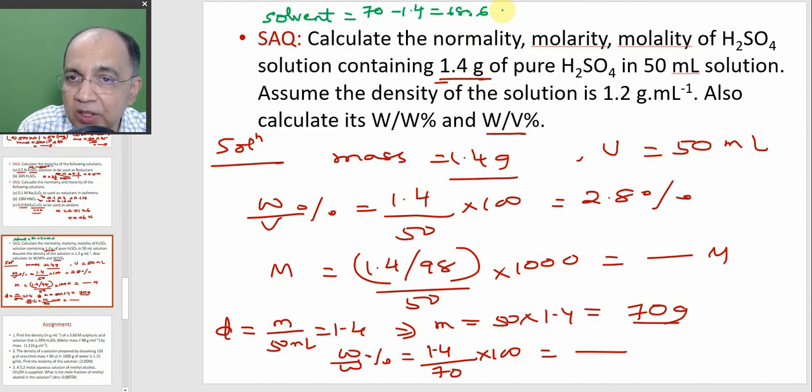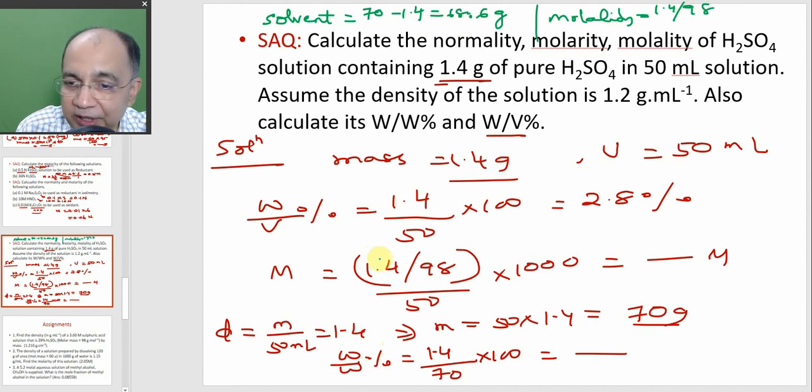So this is the mass of pure solvent. Then what is molality? Number of moles of solute, that is 1.4 by 98, just like we did for molarity, divided by the mass of the pure solvent, 68.6 gram into 1000. That will be small m, or moles per kg of solvent, right?